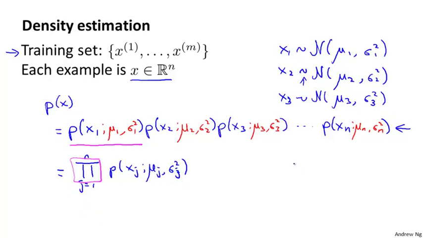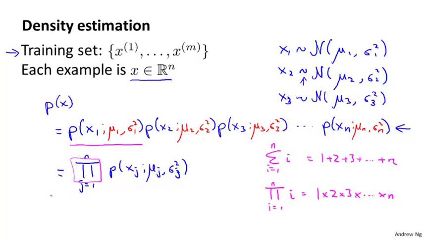You're familiar with the summation notation. So if I write sum from i equals 1 through n of i, this means 1 plus 2 plus 3 plus dot dot dot up to n. Whereas this product symbol, product from i equals 1 through n of i, means that it's just like summation, except that we're now multiplying. So this becomes 1 times 2 times 3 times dot dot dot up to n.